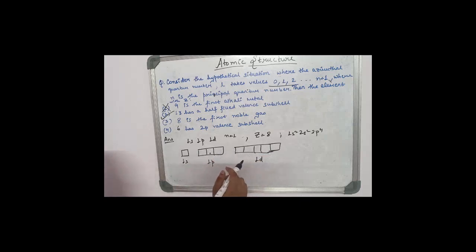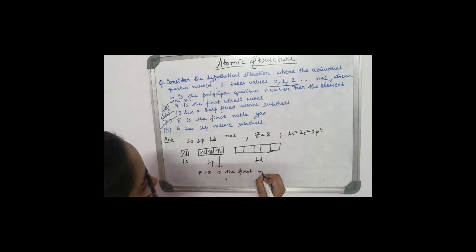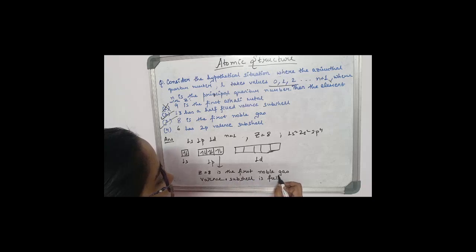So how does it look? 1, 2, 3, 4, 5, 6, 7, 8. So this is beautifully symmetric, and this is forming a noble gas configuration. This is a fully filled orbital. So there is no d electron, only s and p, and it is fully filled. So this statement is correct. Z is equal to 8 is the first noble gas, as the valence subshell is fully filled.